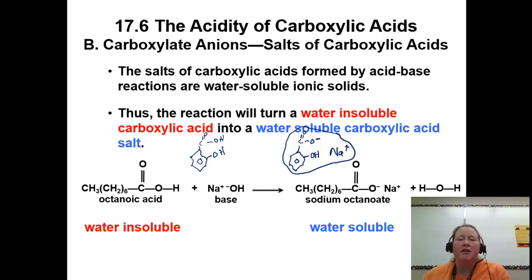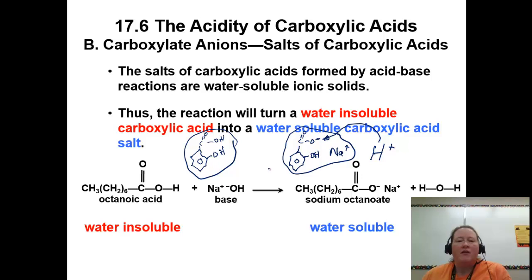Then in that demonstration, some hydrochloric acid was added back to it, and hydrochloric acid was a source of hydrogen ions, which then got put back on to this to produce this again. So once we got rid of the base and we started adding hydrogen ions back onto this to produce that, it formed a white gunky precipitate. So it came out of solution. It was no longer dissolved, and we saw that being undissolved again.